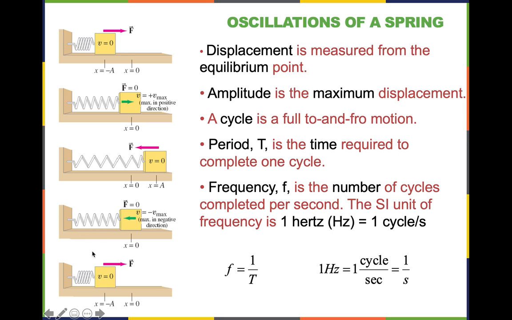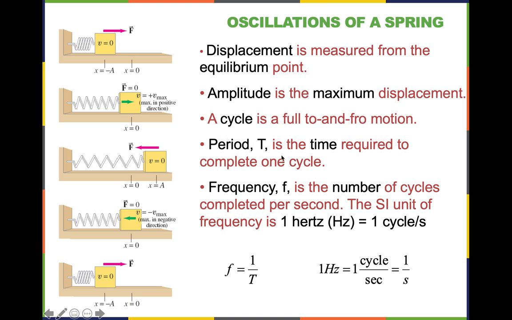It's going to overshoot it a little bit, and then it's going to go right back to that initial position. So essentially, this is your equilibrium position. The amplitude would be the distance of how far out this spring with the mass goes. A cycle is a full to-and-from motion. So from here to here, this is one cycle.